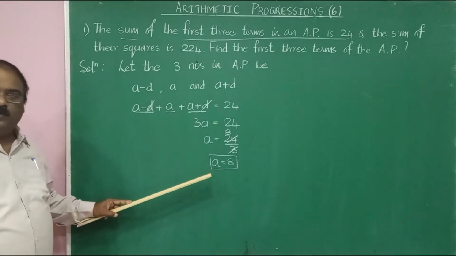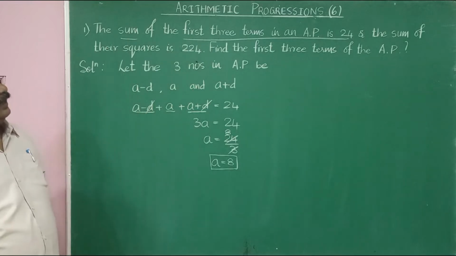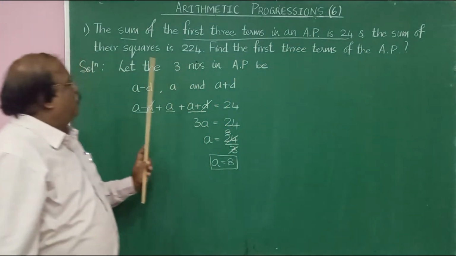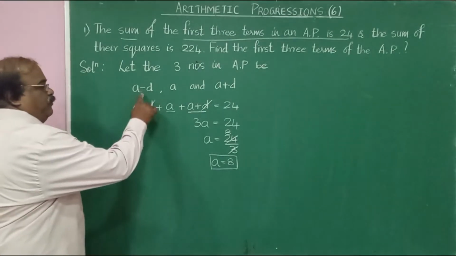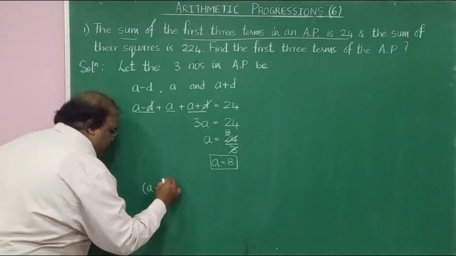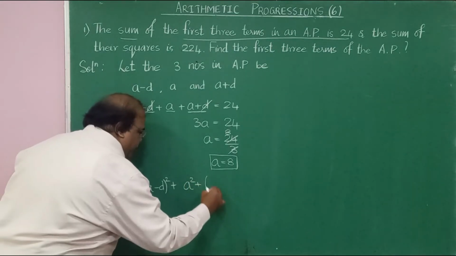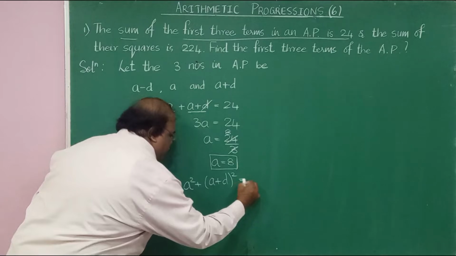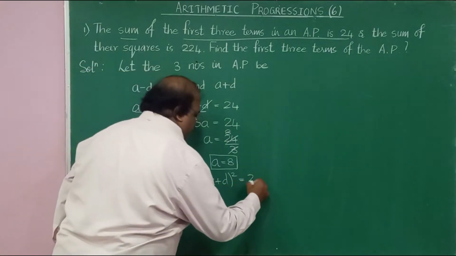Now the moment you know the value of A, let me go to the second condition. The second condition says that the sum of their squares is 224. The sum of their squares means (A minus D) the whole square plus A squared plus (A plus D) the whole square is equal to 224.